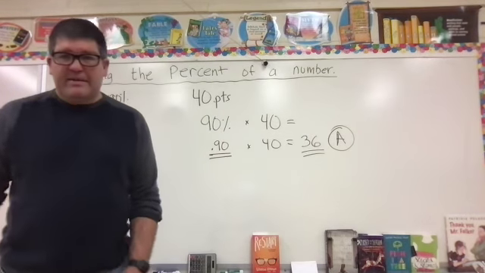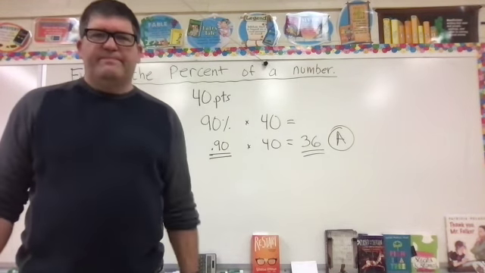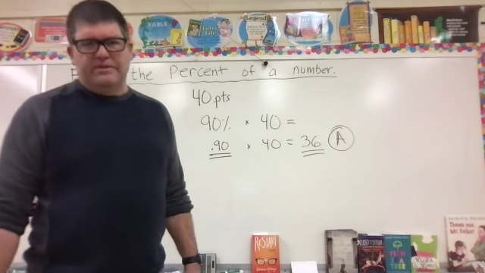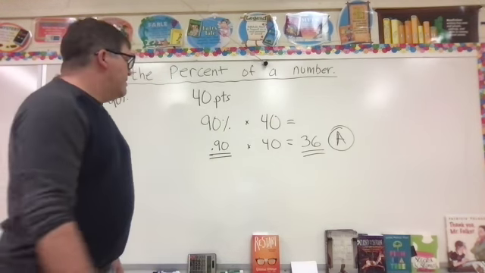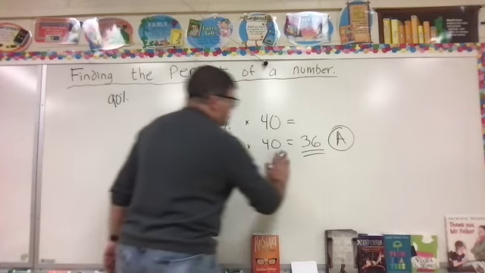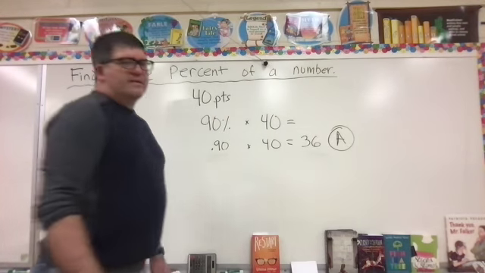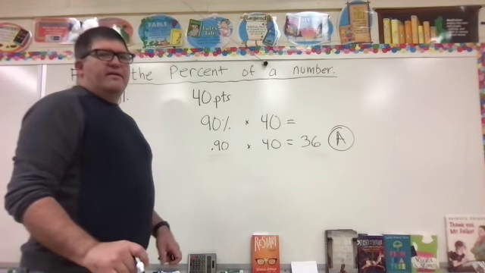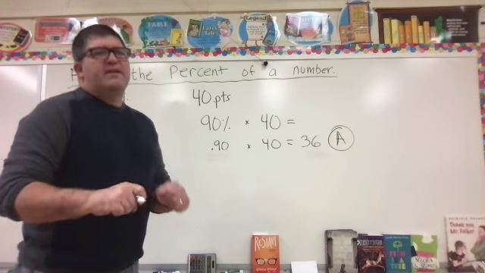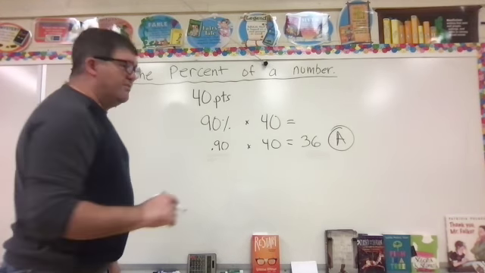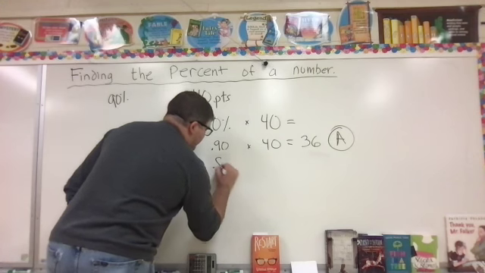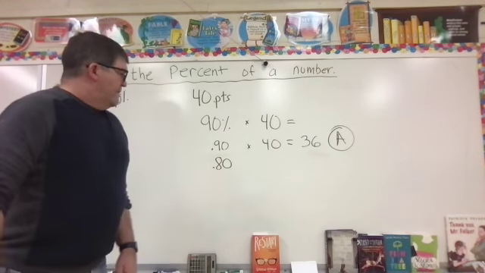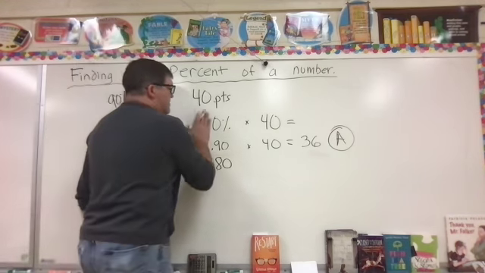So how many can I miss? Just 4. I can miss 4 questions and still get an A. But then I could say, you know what, I'm not confident on this material, but I would kind of like to get a B. And I used to do this. I would say, okay, I wonder what 80% is.